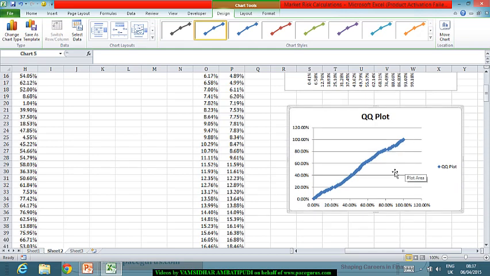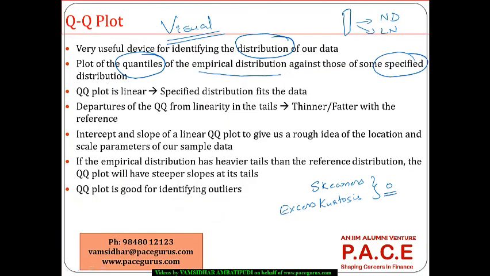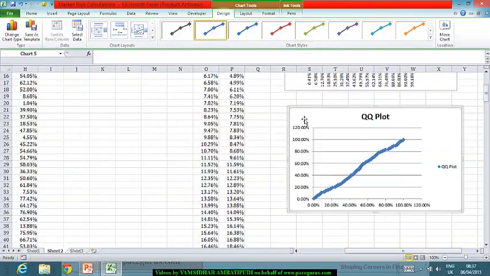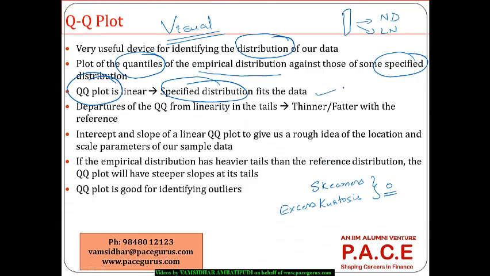The more it fits a straight line, the more closely it is fitting that distribution. Now this is what we call a QQ plot. If the QQ plot is more or less linear, I can say that the specified distribution, in this case the normal distribution, fits my data very well.